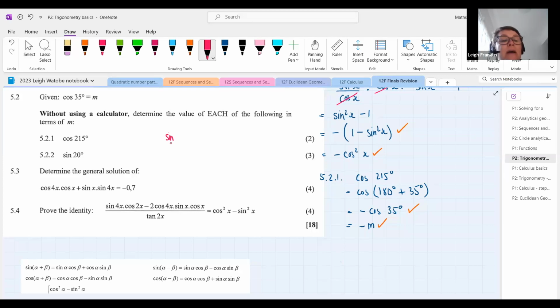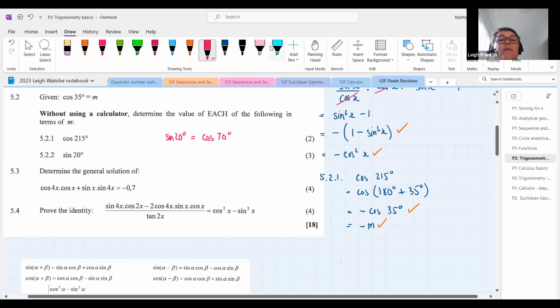The sine of 20 is the same as the cos of what? It's the cos of, that's it, 70. Remember, it's got to add up to 90.